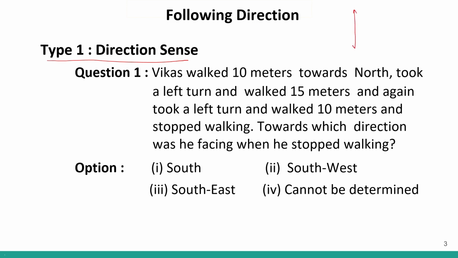And over here, I told you various concepts when it comes to following direction. So the first was to remember the basic directions, that is north, south, west, and east. And based on this, you have certain secondary directions also, which are northeast, southeast, southwest, and northwest.